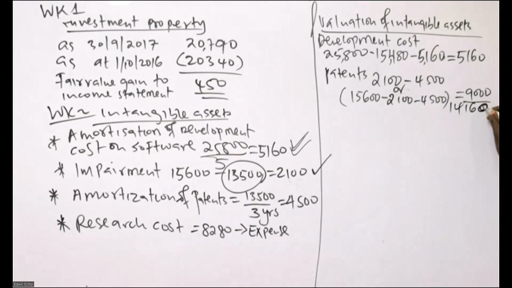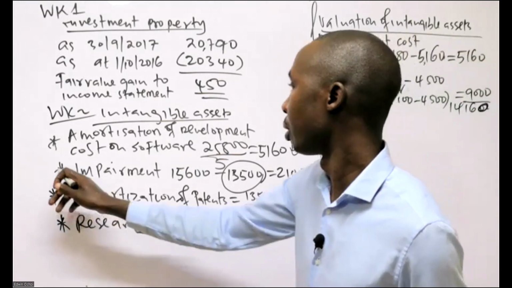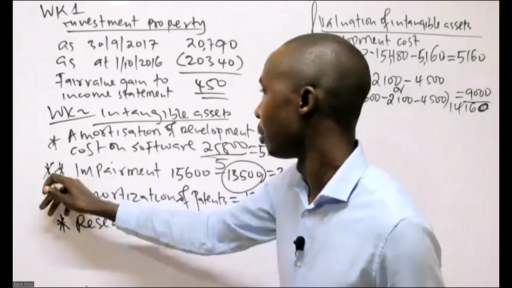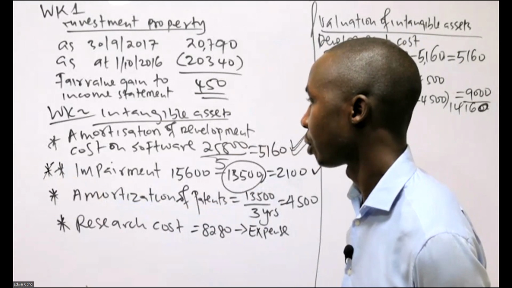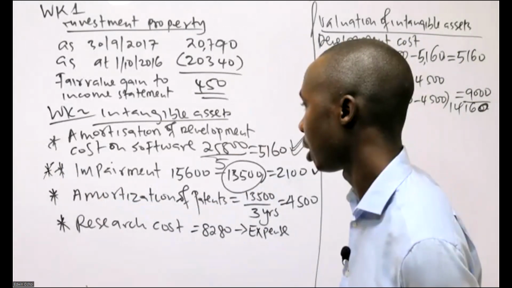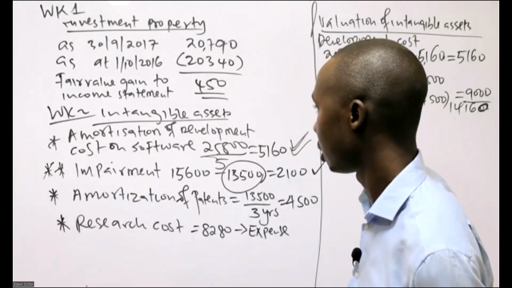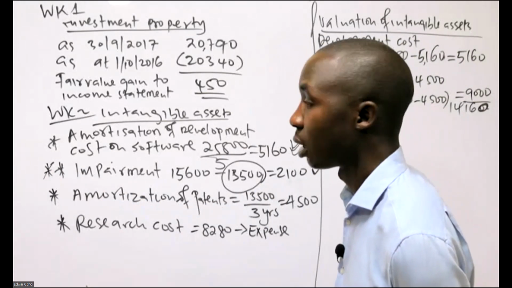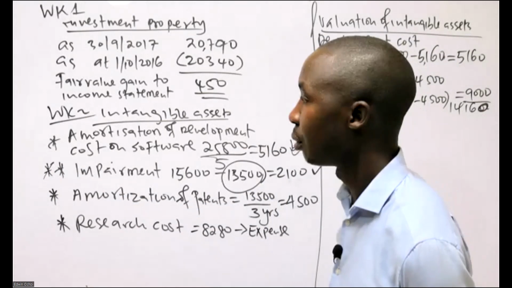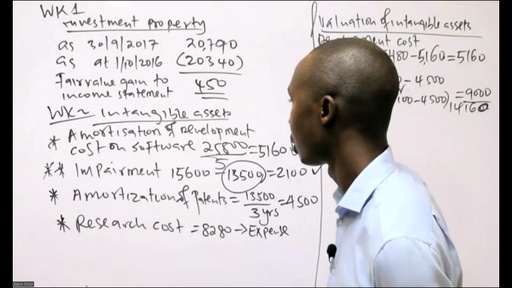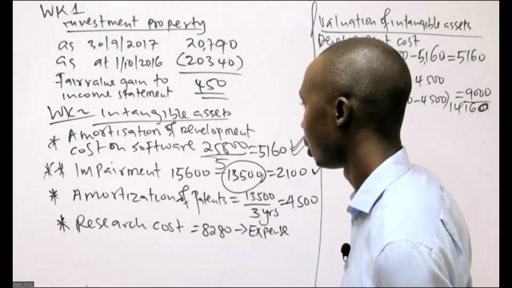I have considered this as an impairment because it reduced in value. So I cannot say that it was amortized. The better name I could have used is impairment, but at the same time these are workings. So even if you said amortization and understood what you were supposed to do, it's okay.